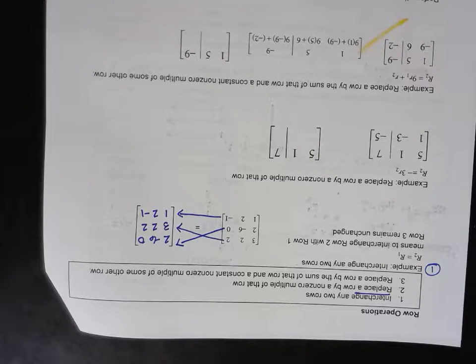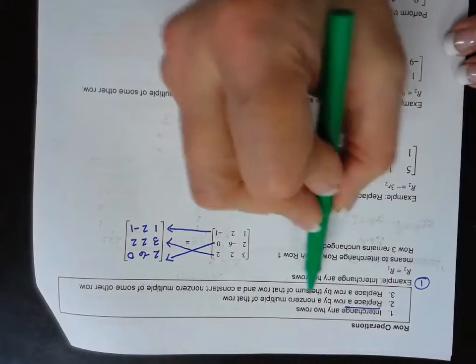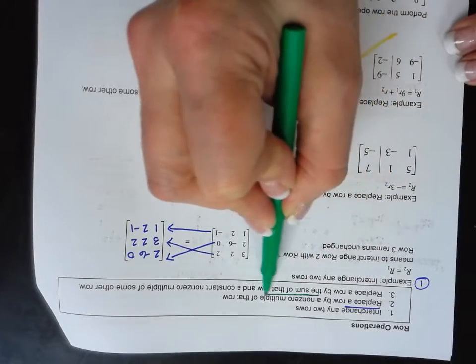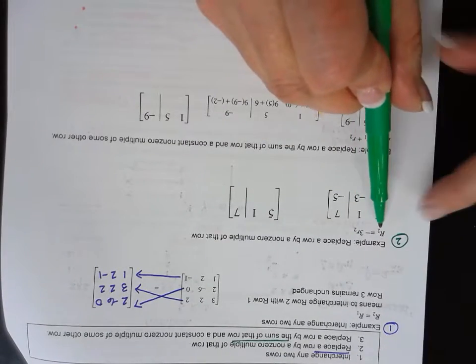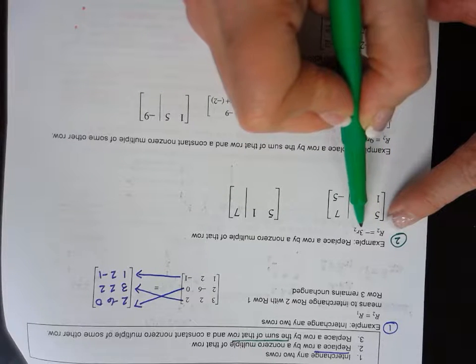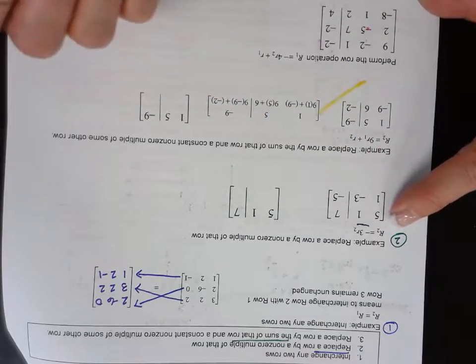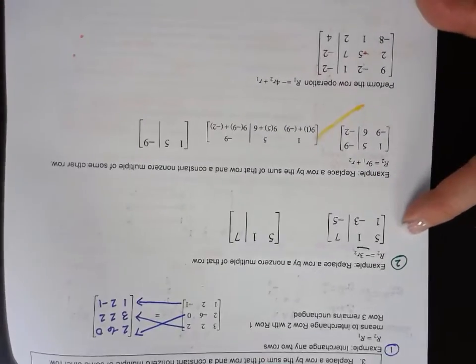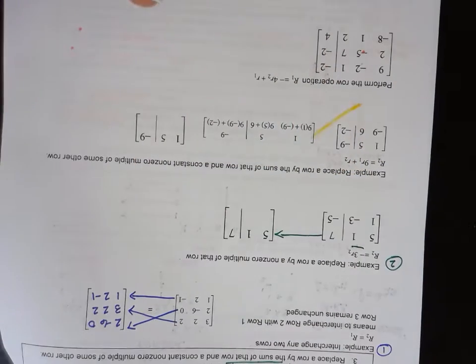The second thing that you're allowed to do is replace a row by a non-zero multiple. So what that means is you can say, hey, I'm going to replace row 2 by whatever number you want to multiply by. My example, I chose -3, just because. It doesn't affect row 1. It stays exactly the same.